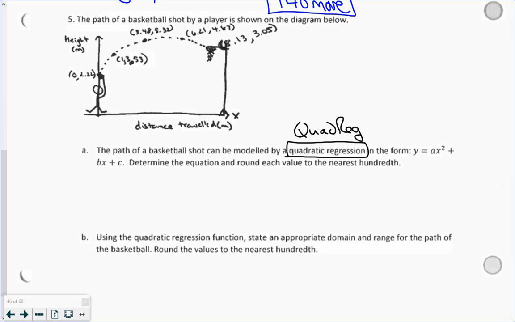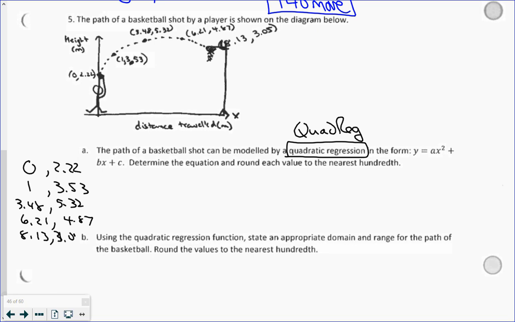Instead of giving it to you as a table, they gave you the information as a series of points. So you've got 0, 2.22; 1, 3.53; 3.48, 5.32; 6.21, 4.87; and 8.13, 3.05.